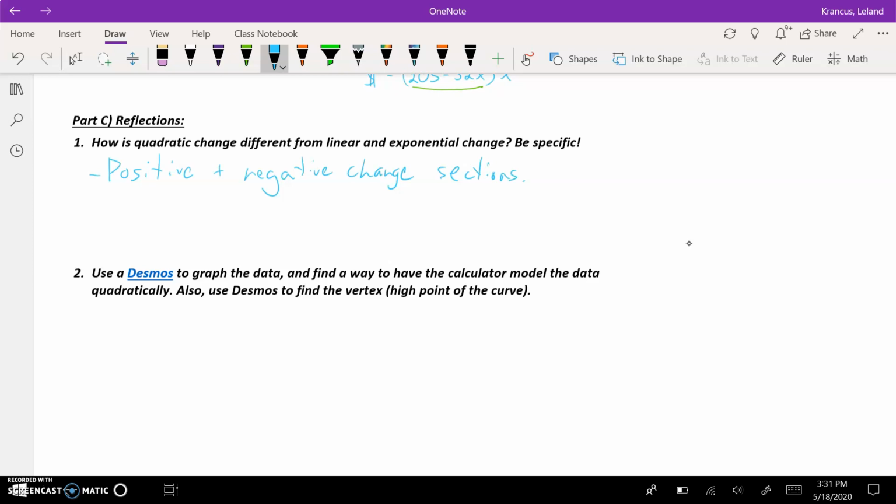With linear and exponential, it either always goes up or always goes down as x increases. With quadratic functions, you have both in the same function. Part of it goes up, part of it goes down. The shape of it is called parabolic, so you get a parabola.